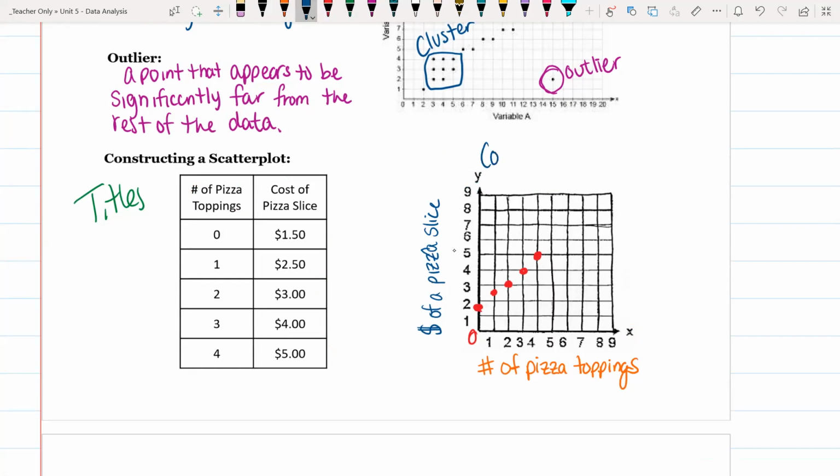We're comparing cost and cost of toppings for pizza, right? So your title can be as long or as short as you want, but you're always going to make sure you compare the two things that you're comparing. So you're comparing cost and the number of toppings. Okay, so that's where we got the title from. Okay, let's go to the next page.